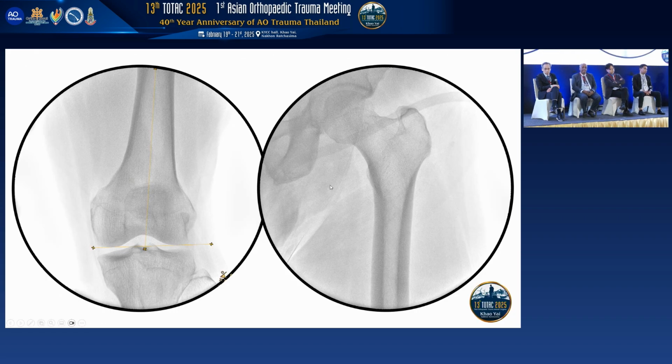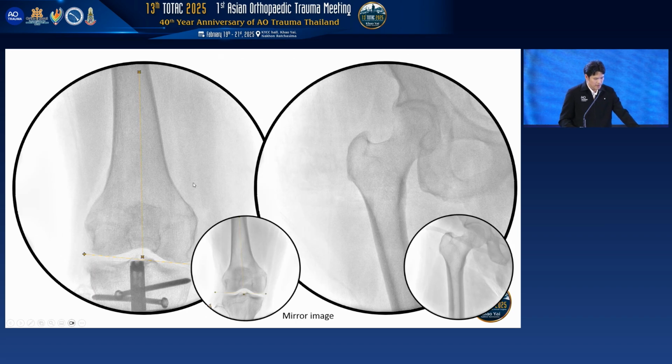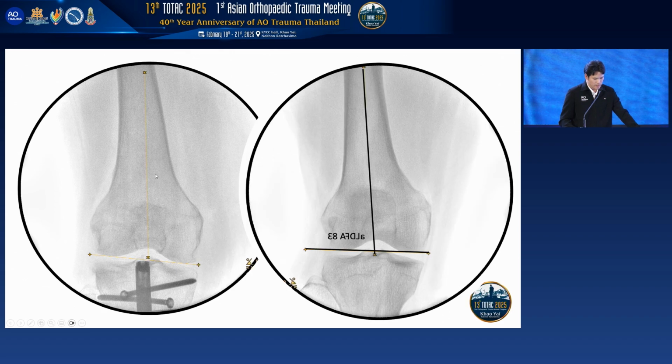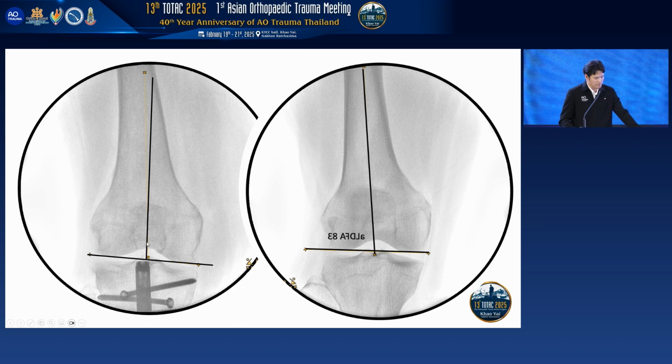So we start with the normal side, where we measure the normal anatomical angle and joint line angle, and this is the shape of the normal side that we want to be the reference. Then we start with the affected part here. We use the mirror image like that, and we aim our guide wire to that supposedly good position.